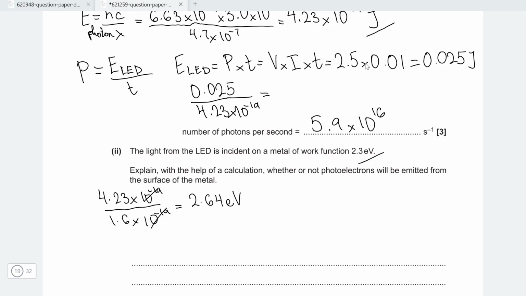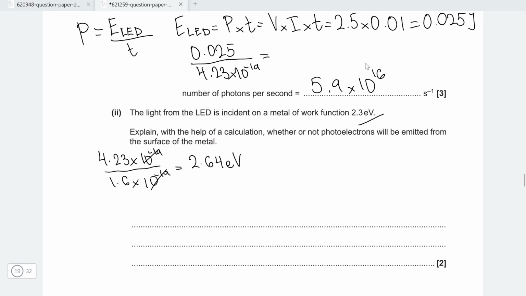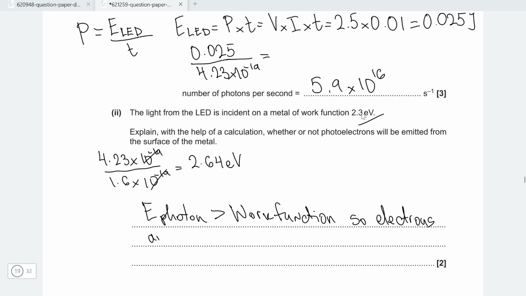Now we can clearly see that the energy of the photon is greater than the work function. As you can see, the energy of the photon is 2.64 and the work function is 2.3. So electrons will be emitted.